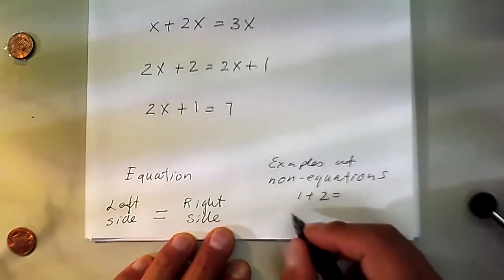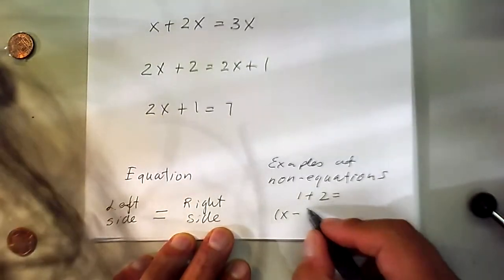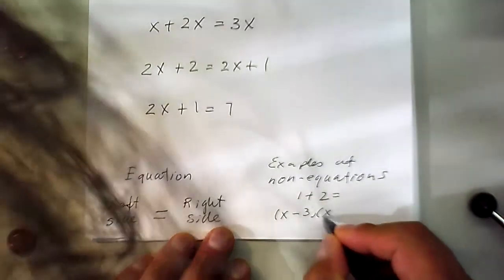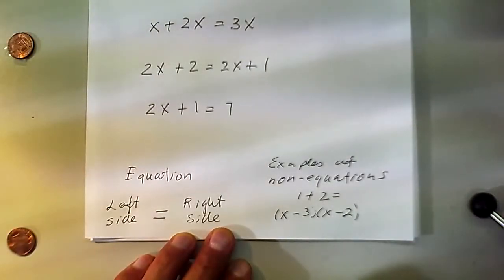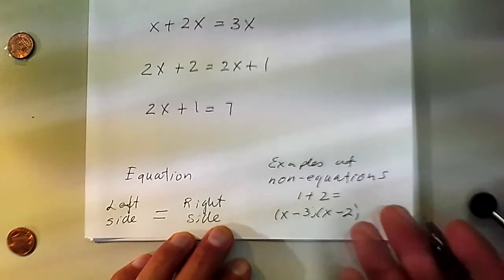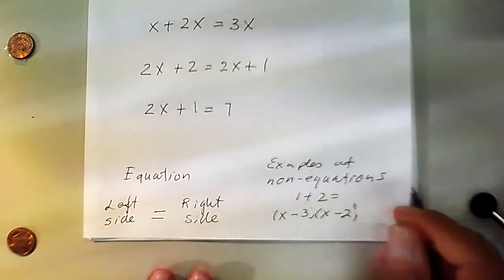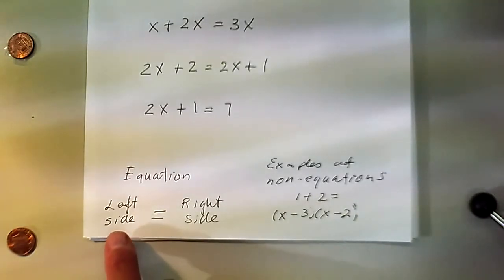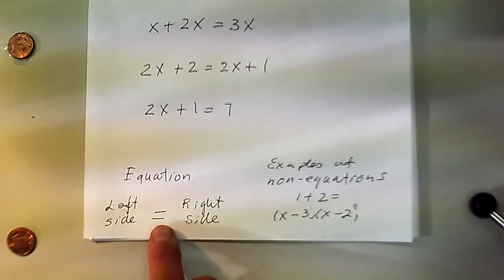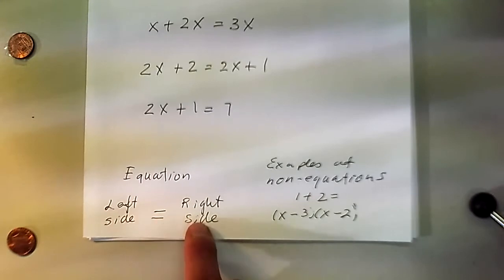And certainly, if we have x minus 3 times x minus 2, that is not an equation either. There's not even an equal sign. So that's just an expression. Think of it in grammatical terms. An equation is a sentence in the sense that we have a noun, a verb, and the rest of the sentence.